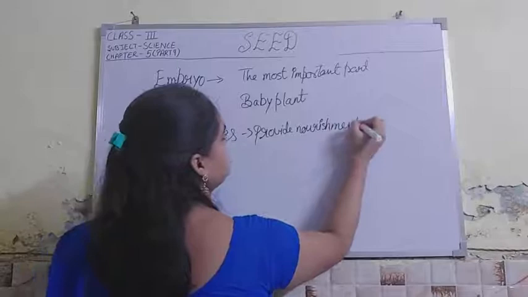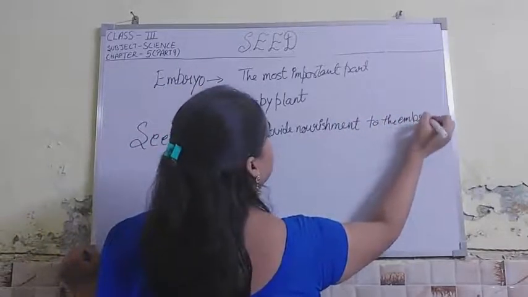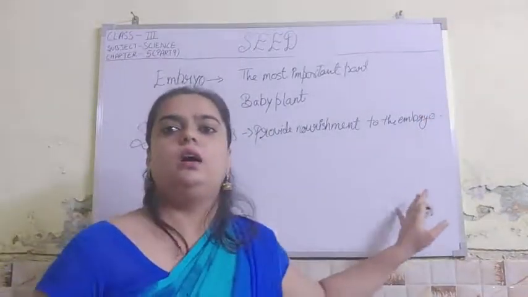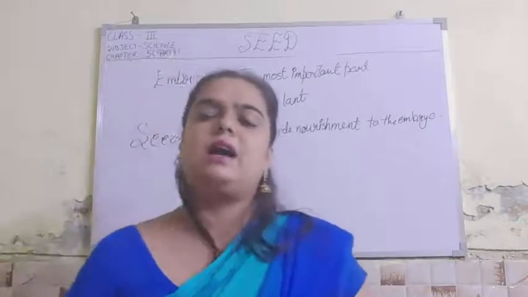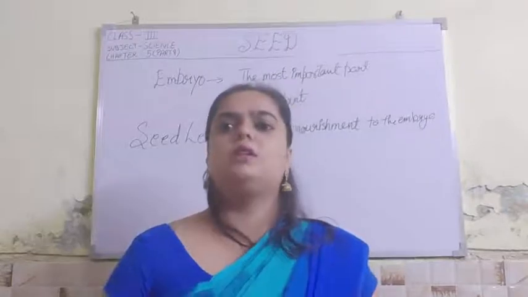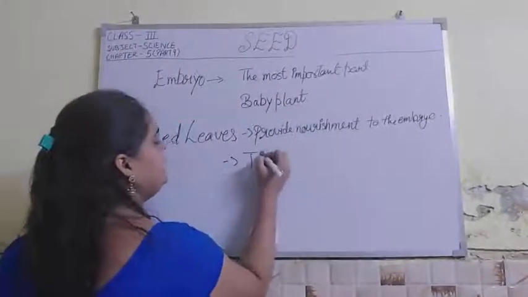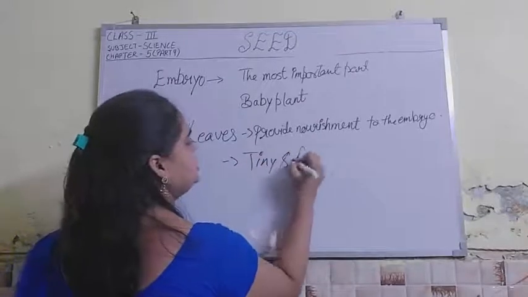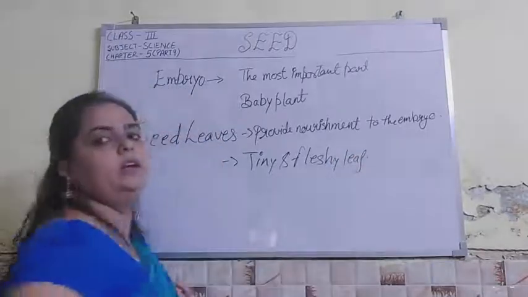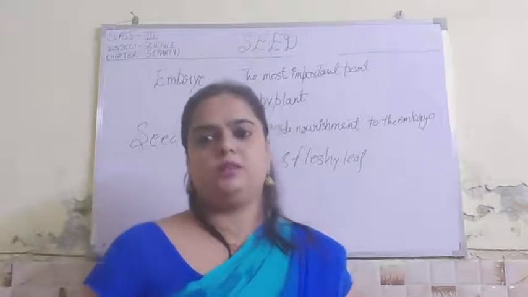It emerges as a tiny, fleshy leaf from the soil with the seedling during growth.